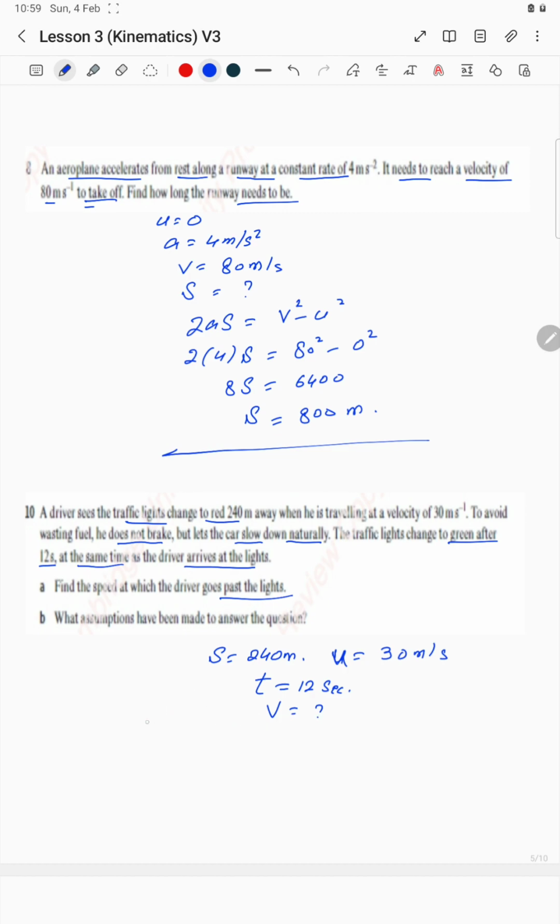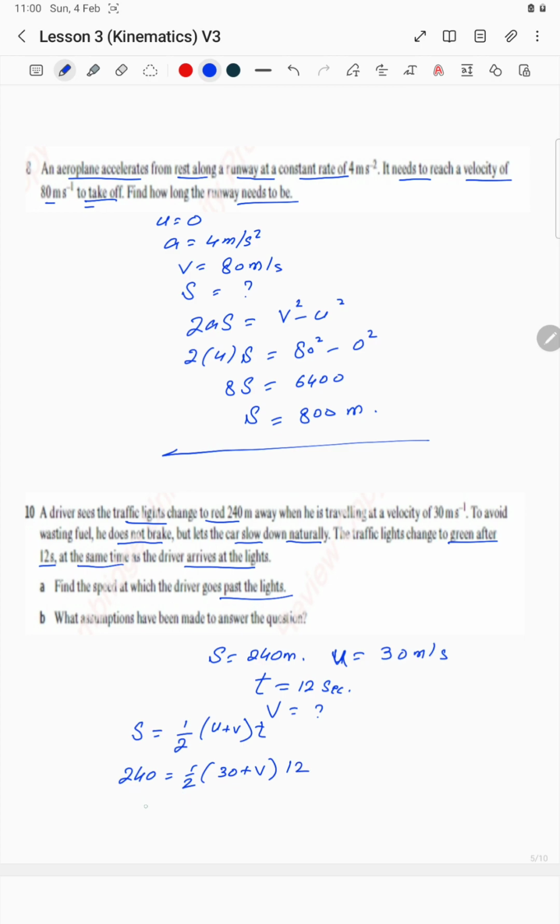It is a simple case study. S is equal to half (u plus v) times t, the second equation of motion, the same case. It's given 240 is equal to 1 by 2, u is 30, v we are looking for, and time is 12.